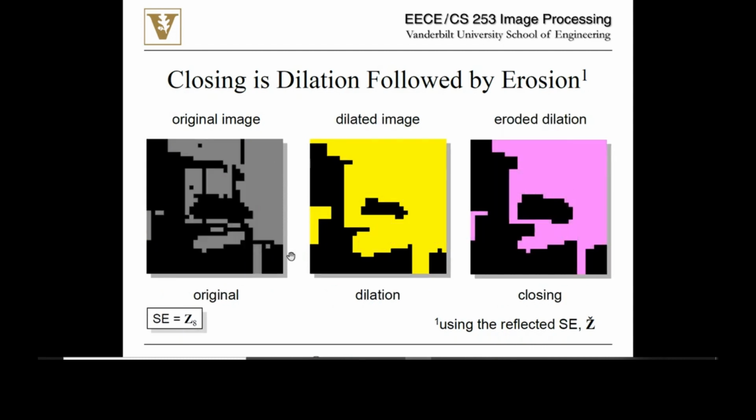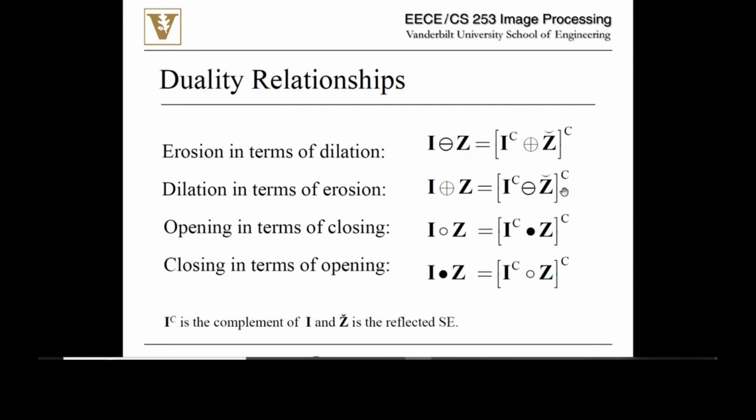Okay, so here we have the whole process again. We have the original, the dilated version, and then the erosion. And these two properties we already saw. So these are kind of De Morgan laws for the dilation and erosion, but we have also De Morgan laws for the opening and closing.